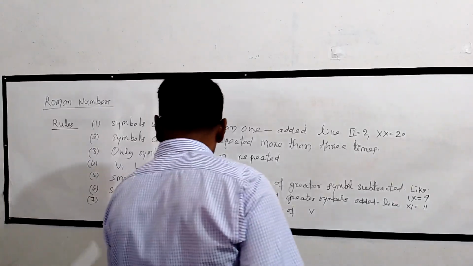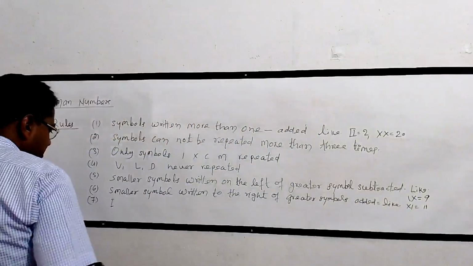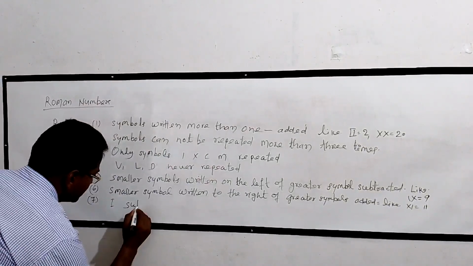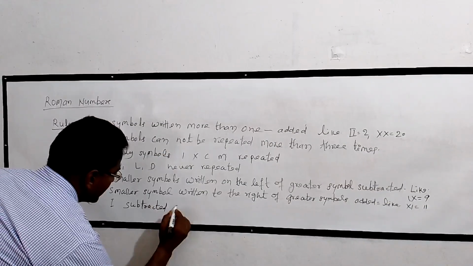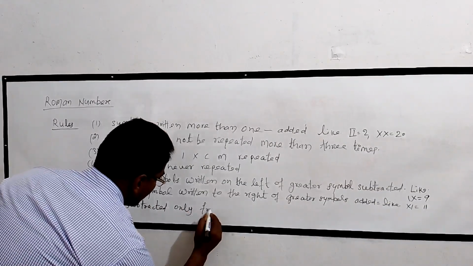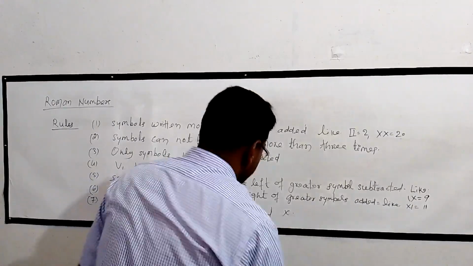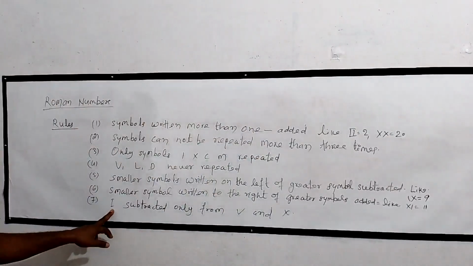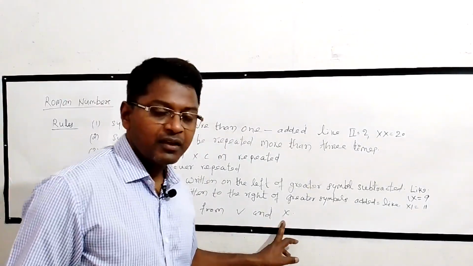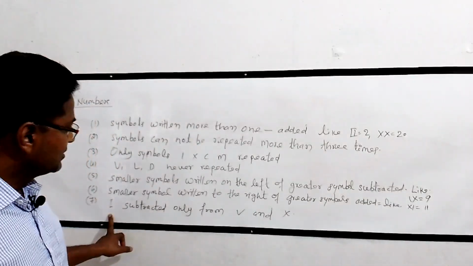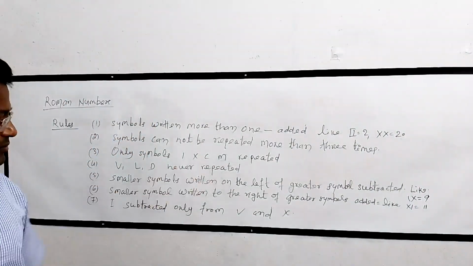I is subtracted only from V and X. It means that we can write down I only to the left of V and X. You cannot subtract I from any other symbols.